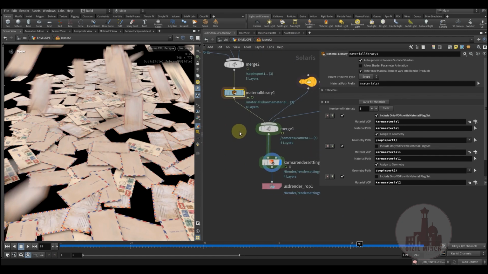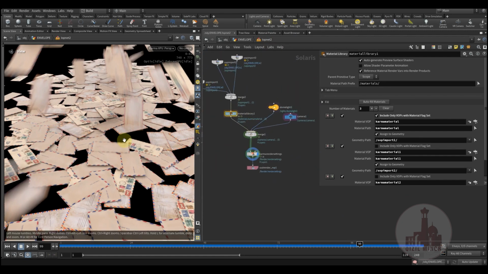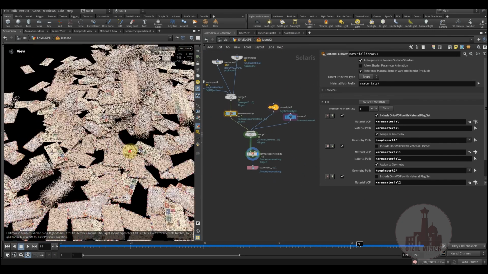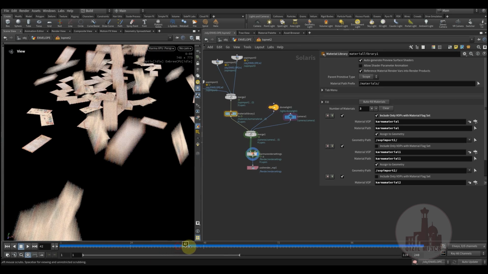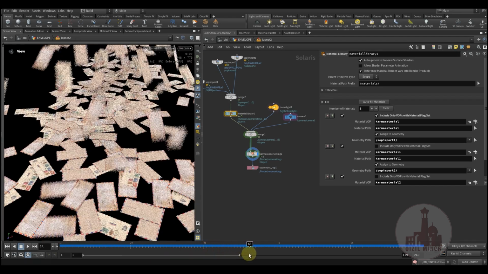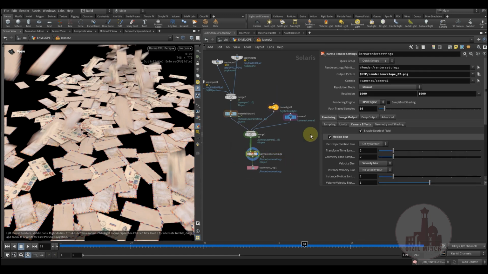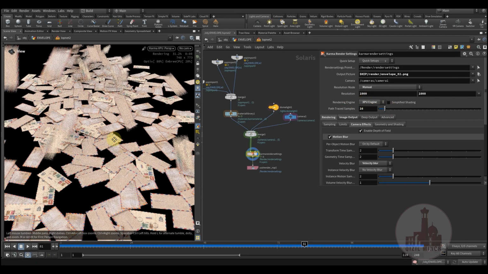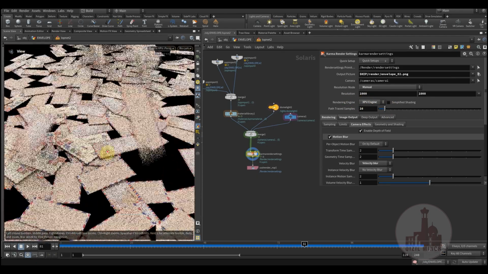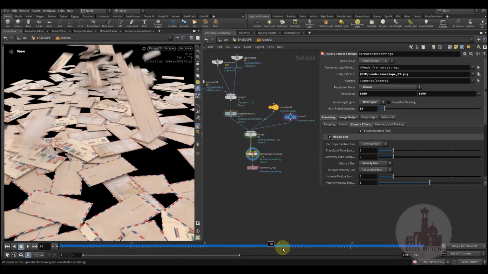And the rest is the same, and now we have different envelope variations, but at the same time we have our GPU render, which is faster.